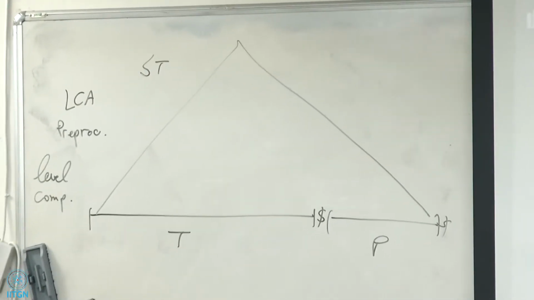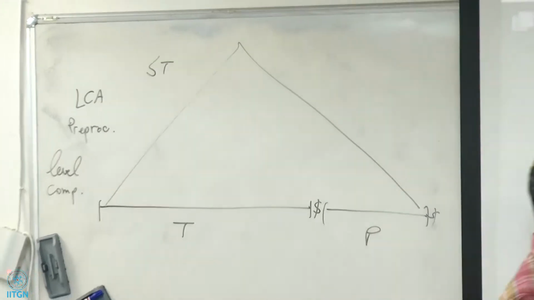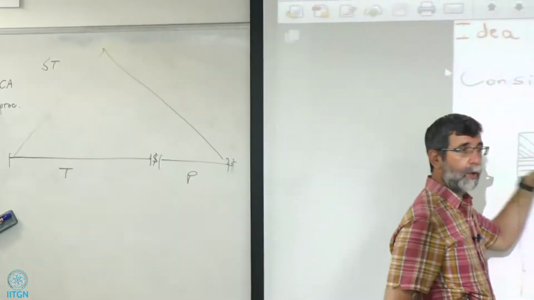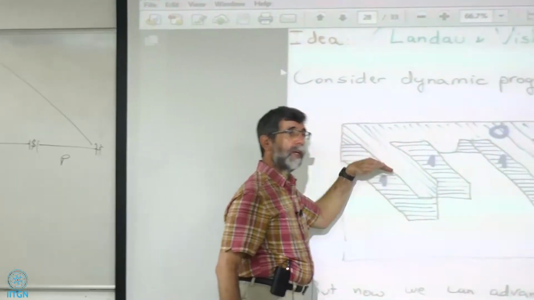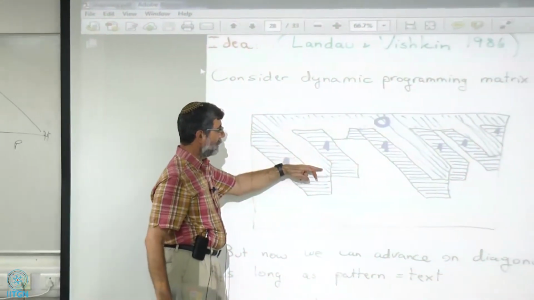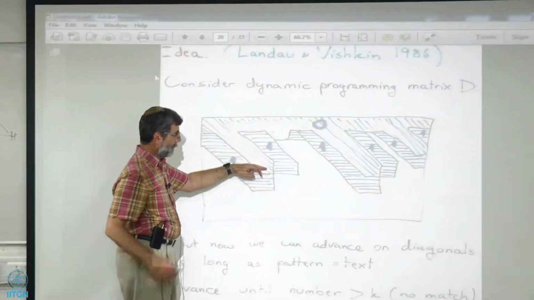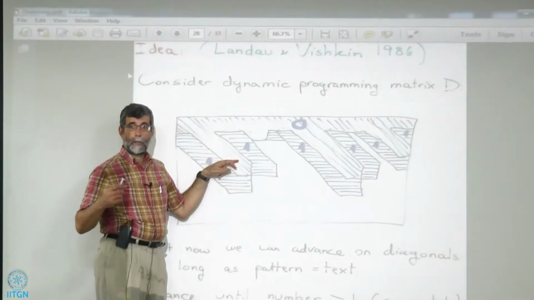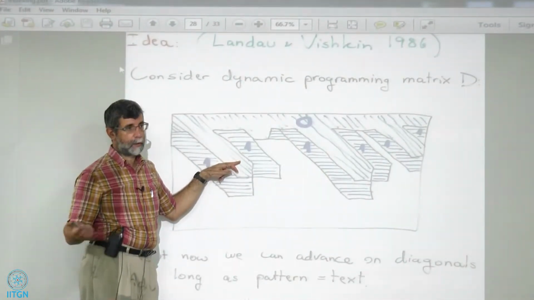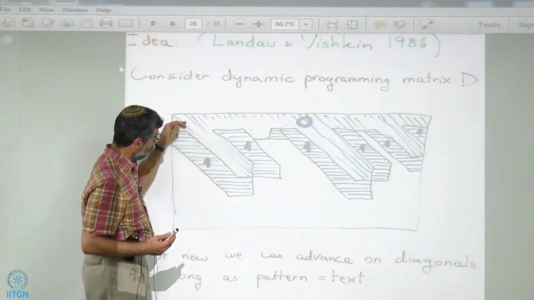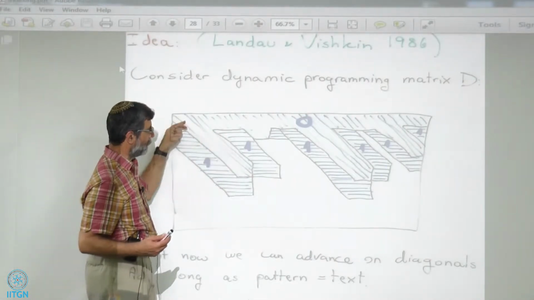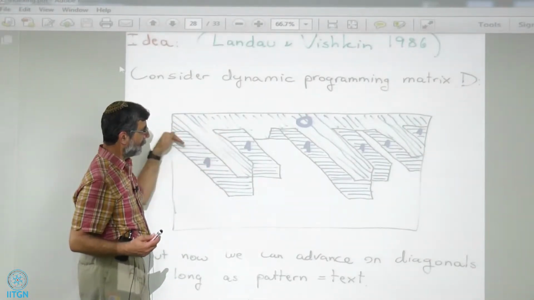Now, we start here and we're asking how far can we advance on this diagonal until there's a change. Well, we're going to inherit what was before, which was a 0, as long as this is equal to that.